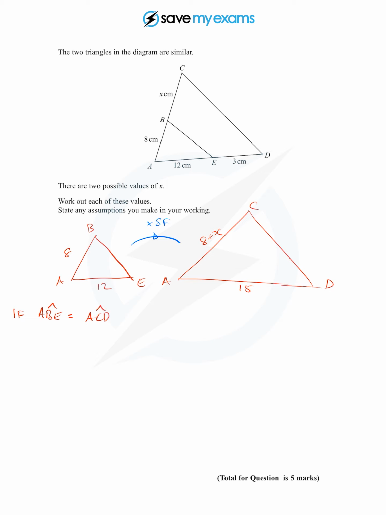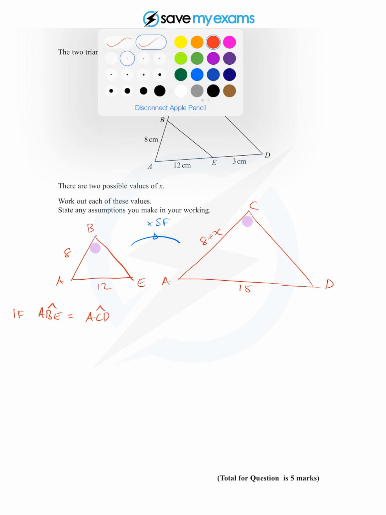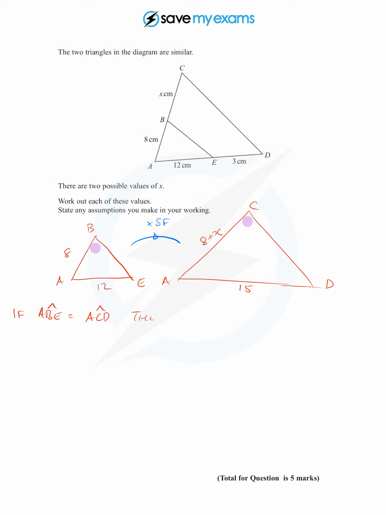What I mean is if this angle here is equal to this angle here, so the two angles with blobs, and indeed the triangles are the same way up, then the scale factor, and this is sort of the obvious thing to do, is, well, that was the first scenario where AE and AD are equivalent sides. So the scale factor is the second one over the first one, as always. So that's 15 over 12, which you might call 5 over 4 or 1.25.